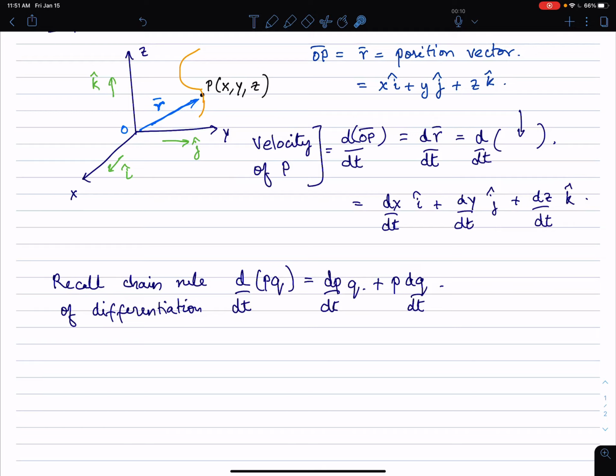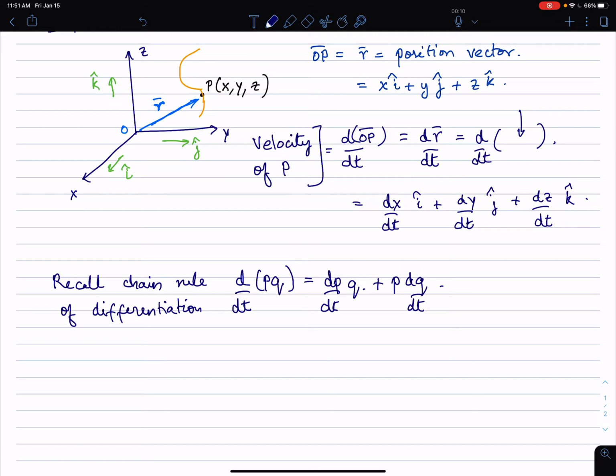It's not just numbers or scalars that can be constants. Vectors can also be constants. So these vectors are basically constant vectors, by which we mean their direction is fixed, their magnitude is fixed. These are unit vectors, right? i, j, k are unit vectors, and their direction and magnitude are fixed. Therefore, when you do d by dt of i, it's basically 0.